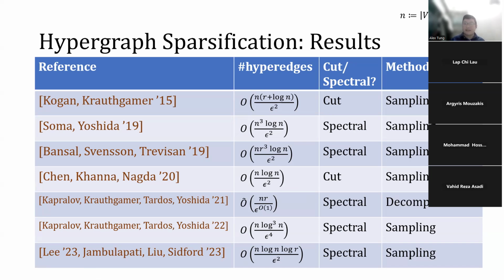This is the same as the best sampling-based graph sparsification result by Batson, Spielman, and Srivastava. And for spectral sparsifiers, recent results by Lee and also Jambulapati, Liu, and Sidford obtain basically the same with just a log R factor extra, where R is the rank of the hypergraph.